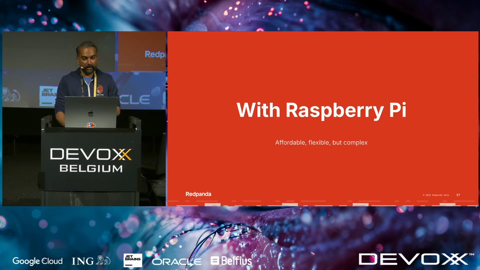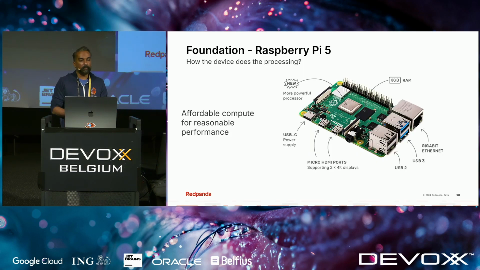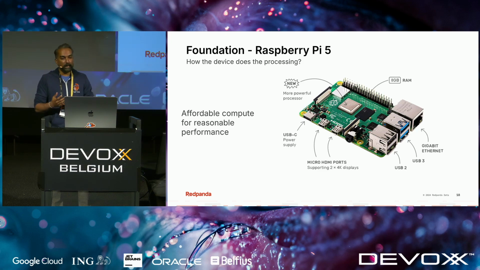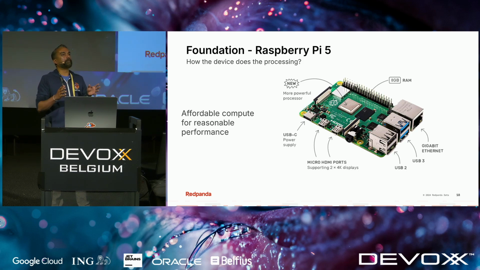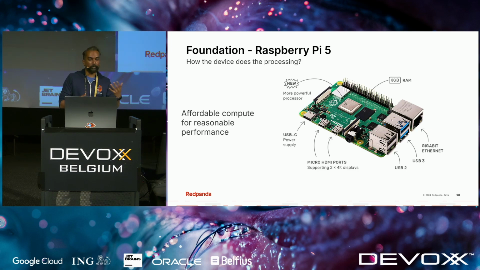I will explain why I went ahead with Raspberry Pi. I'm pretty sure you are all familiar with Raspberry Pi. It gives us a good solid foundation to build this kind of portable computation device. Ultimately, Raspberry Pi is a reliable, popular and affordable platform to build smart devices, and it also provides good performance per price.